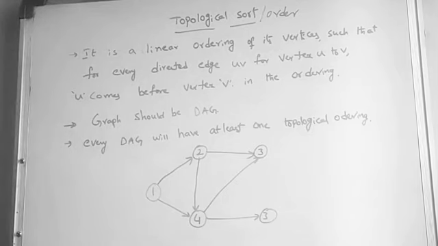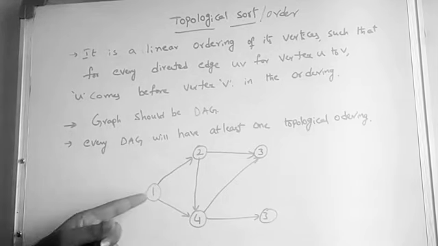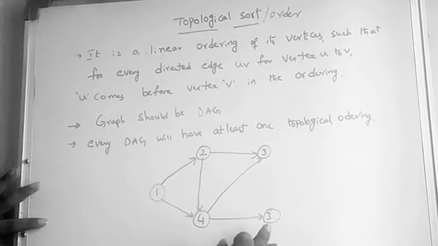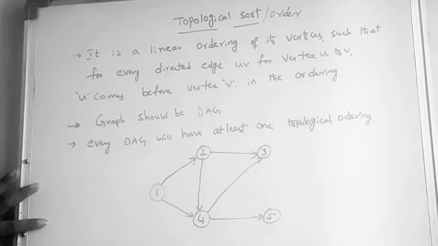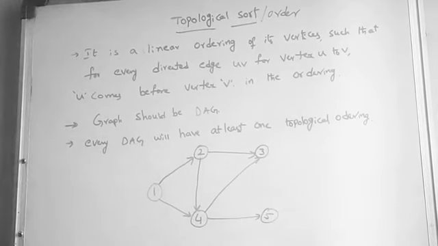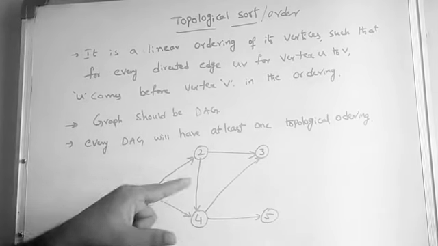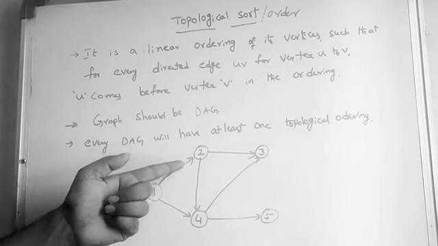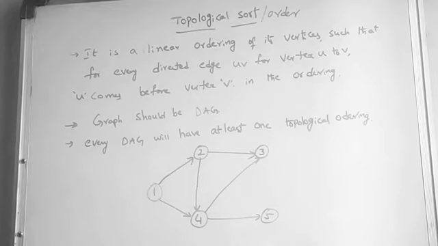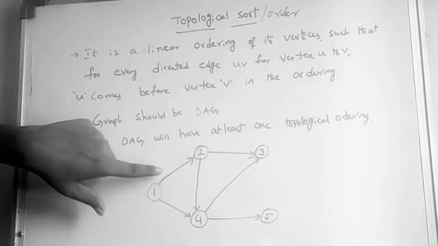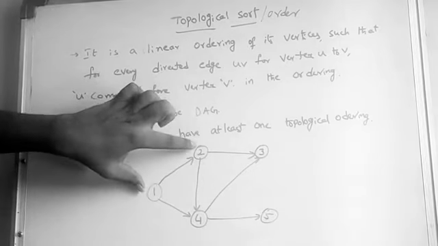It is a linear ordering of its vertices. You know 1, 2, 3, 4, these are the vertices, and these are connected by edges. You know the definition of a graph. Such that for every directed edge, these vertices are connected by a direction. Suppose this is u and this is v, these two are connected by a directed edge, that is why the combination is called uv.